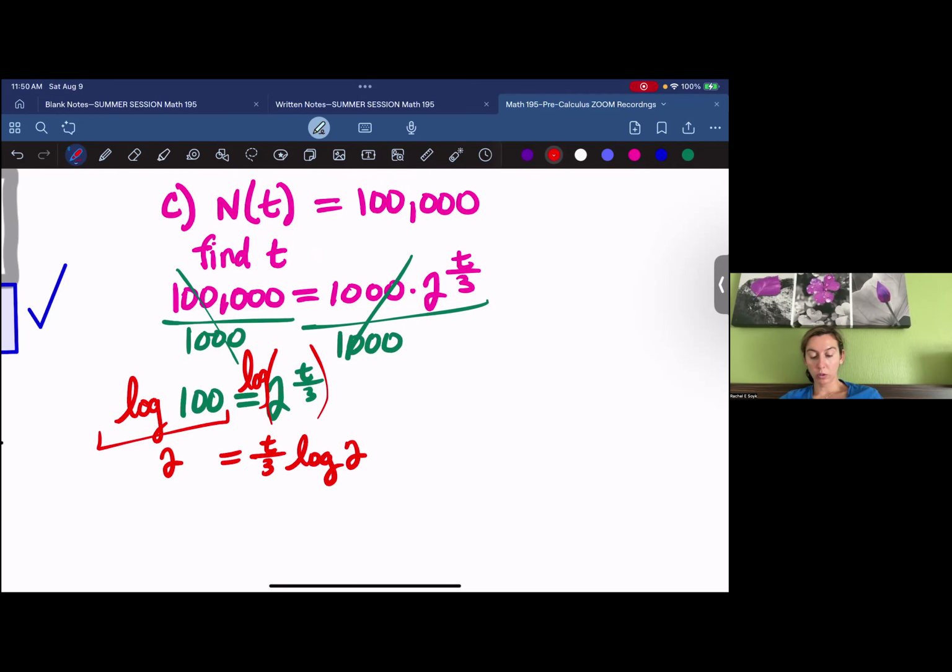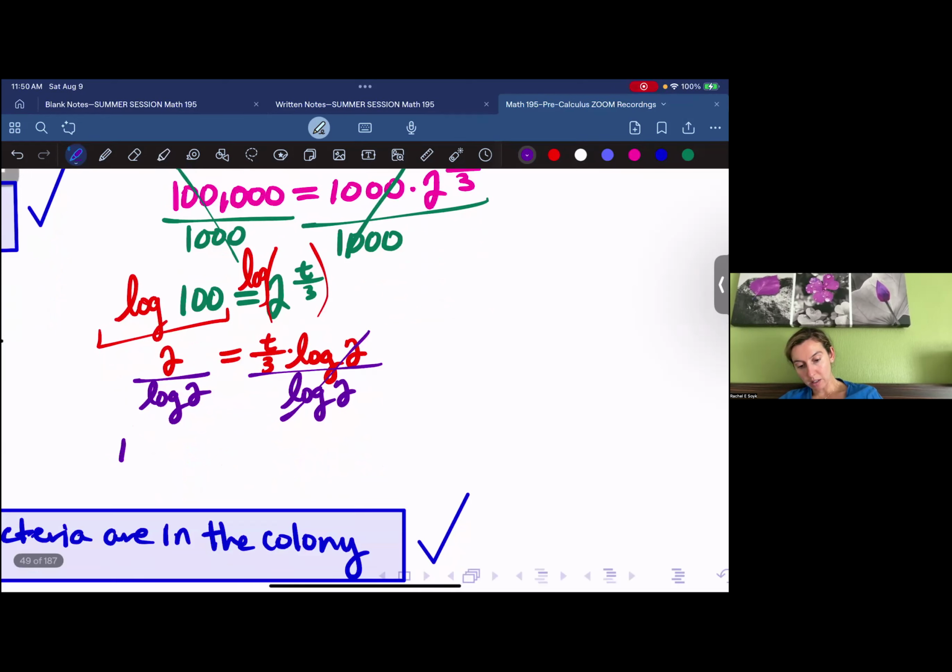So t over 3 times the log of 2 on that right-hand side. And then let's go ahead and divide both sides by log of 2. So now we're looking at t over 3 is equal to 2 divided by log 2.